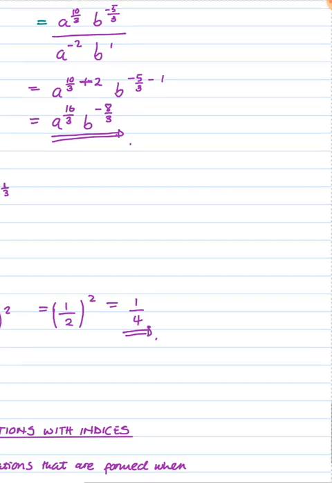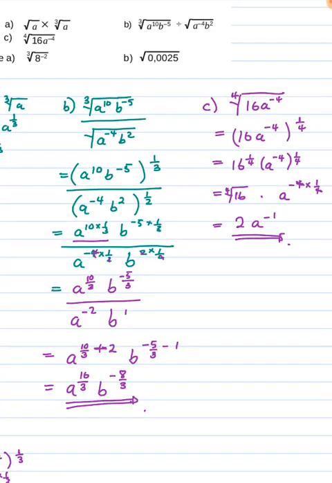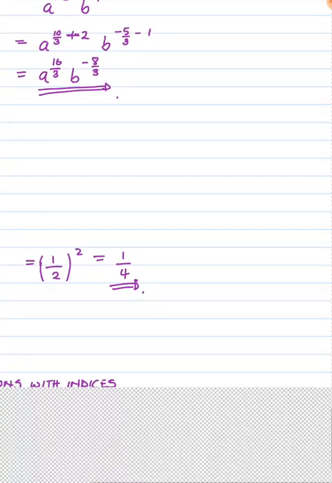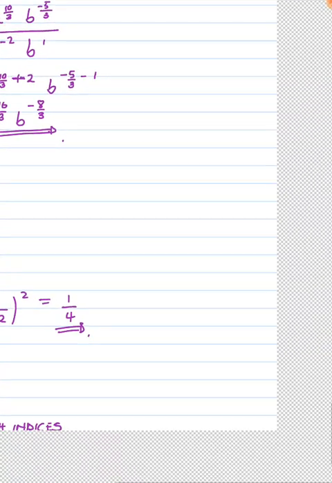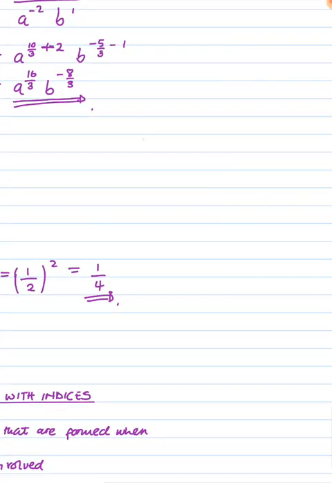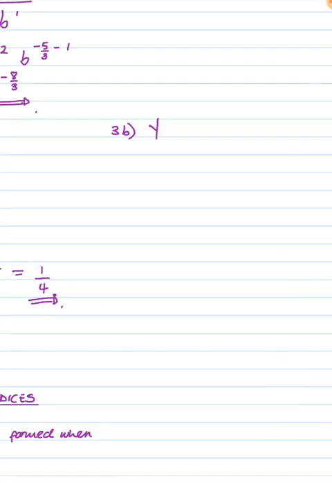Then to end up, the second one is the square root of 0.0025. So that's number 3b, that's the square root of 0.0025, if I'm not mistaken.